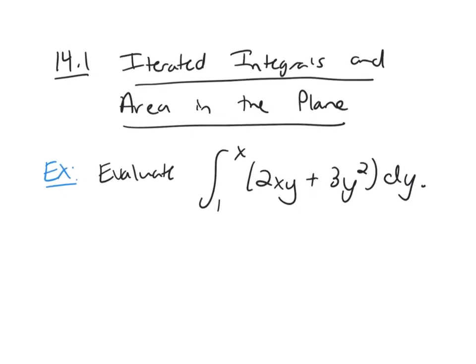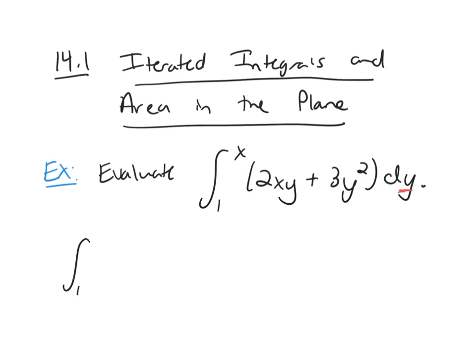So we saw these kind of integrals back when we were in the partial derivatives section. So notice what variable you have here. What's my variable for my integration? It's y. So then you're going to treat x like it's a constant and compute this integral.